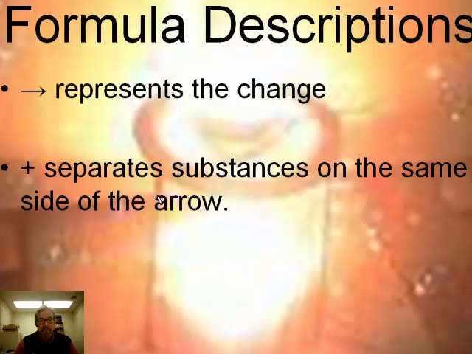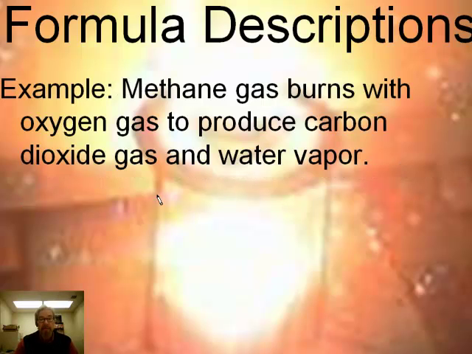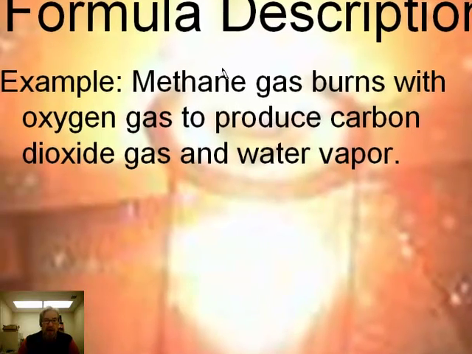So for example, our verbal description that we just had for Bunsen burner reactions is methane gas burns with oxygen gas to produce carbon dioxide gas and water vapor. Well, if I were going to write this out as a formula description, I would have to know, first of all, what methane is. Methane is CH4.